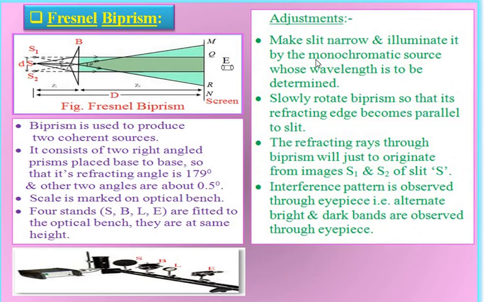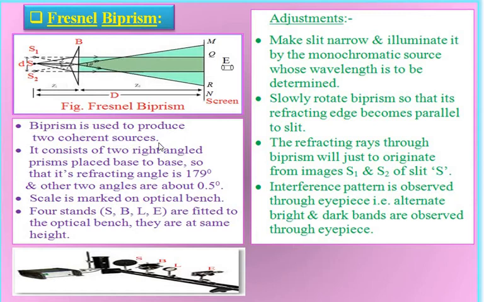To obtain the interference pattern on the screen, there are some adjustments. Make the slit narrow, and illuminate it by the monochromatic source whose wavelength is to be determined. Then slowly rotate the biprism so that its refracting edge becomes parallel to the slit.